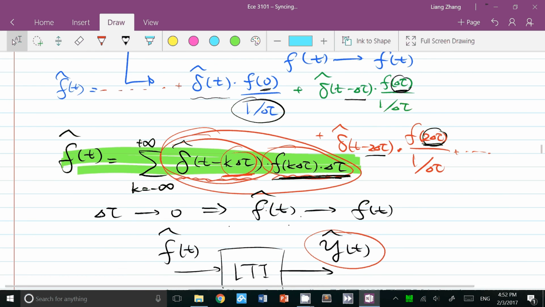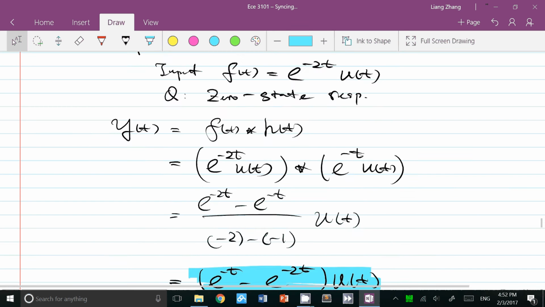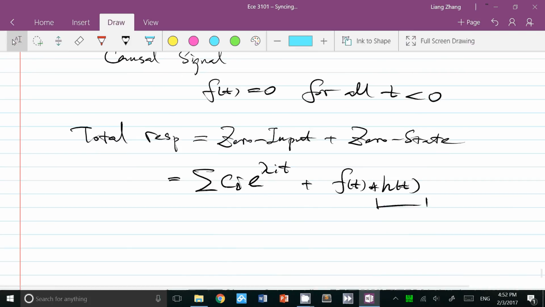Now, that's your h of t. It also has these e to the lambda i t terms in there, but with some constants. But the response to f of t can contain some additional terms beyond these.